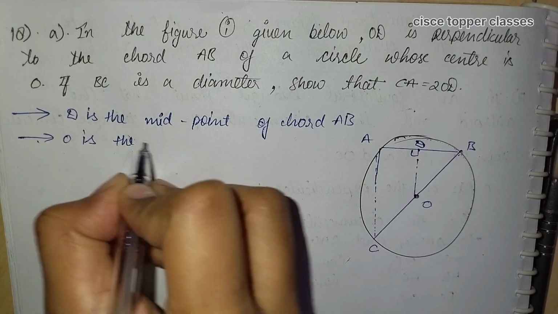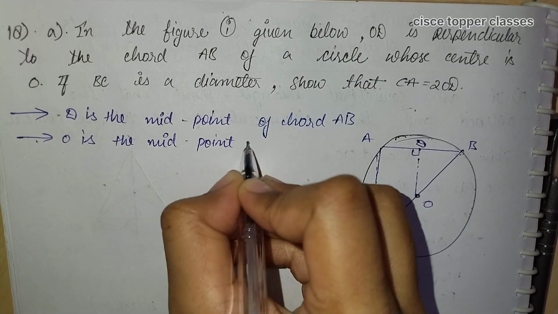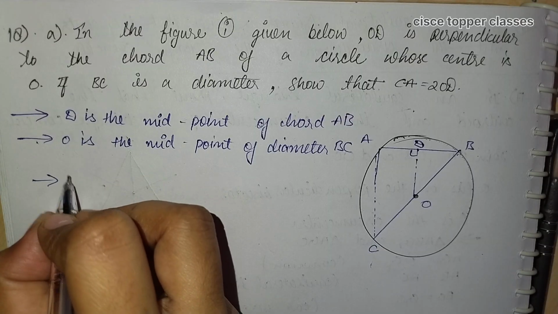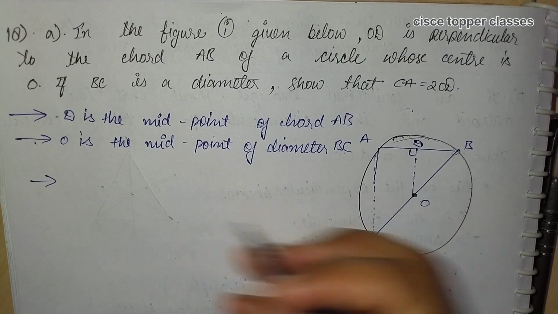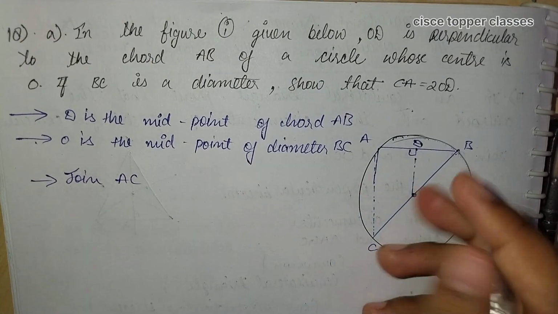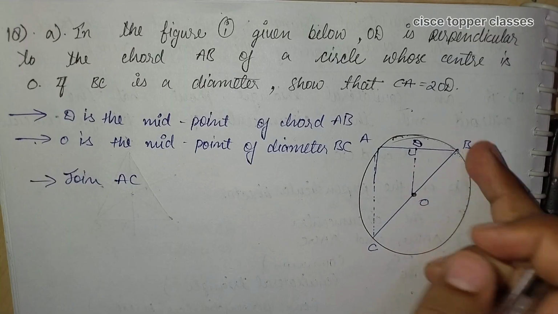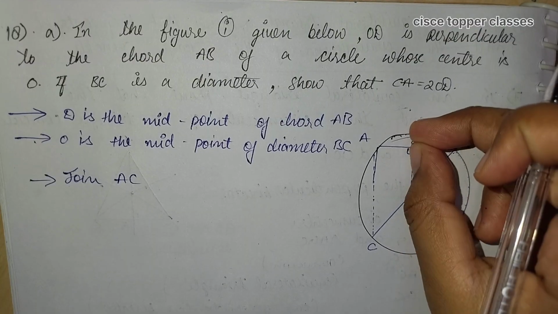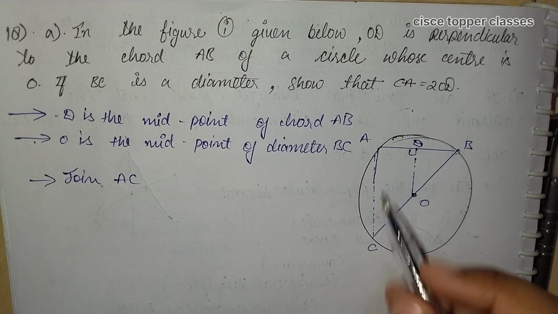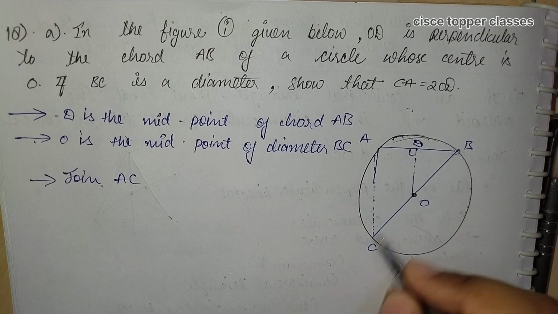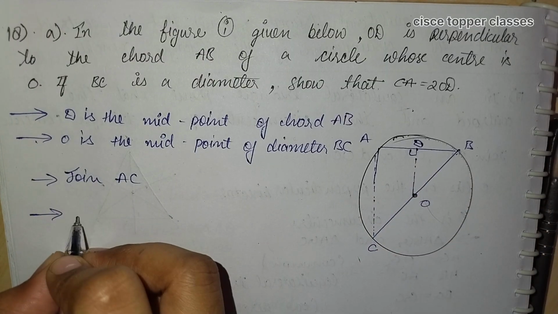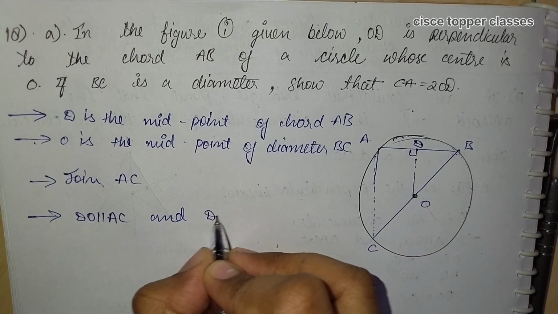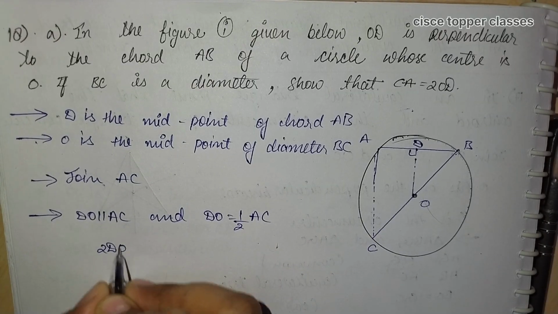So, by the theorem in a triangle, if we join AC, then D and O are both midpoints of two sides of the triangle. By the theorem we studied in the triangle chapter, if a line joins two midpoints, then it is parallel to the base and equal to half of it. So DO is parallel to AC, and DO is equal to half of AC, and from that 2DO is equal to AC.